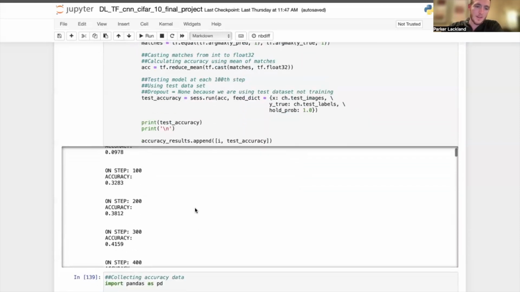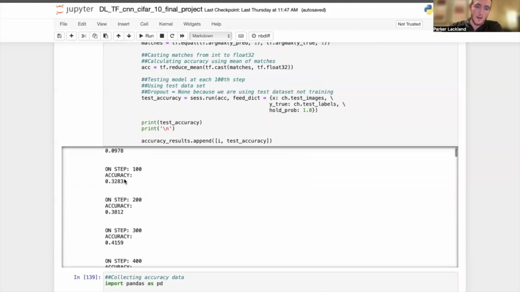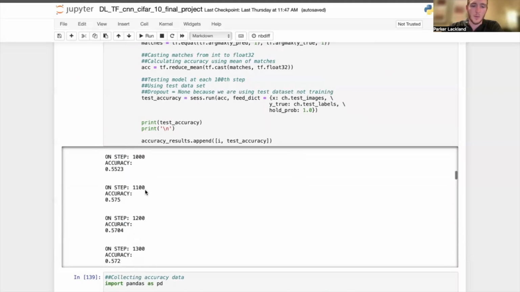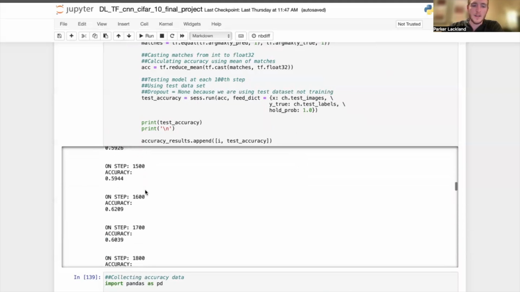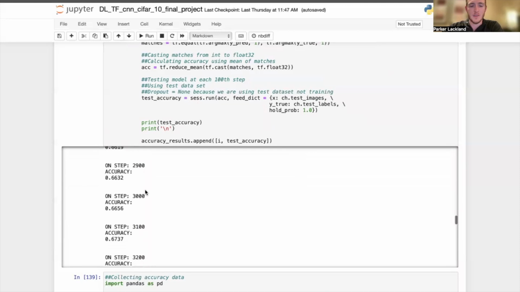So we'll go into this in a little bit more depth, but you can see how at step 0, the accuracy is about 10%, and then immediately it jumps to about 32. It continues to train well. It learns through step 1000, still learning, plateaus a little bit through about 1500, 2000, but we're still growing, 64%, 65%.